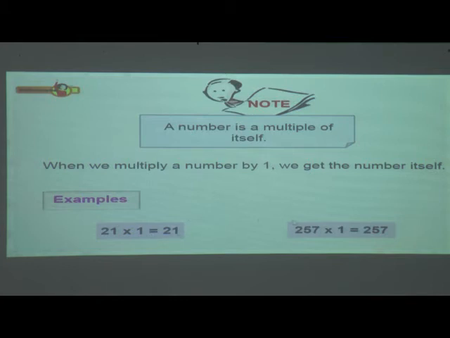When we multiply 257 by 1, we get the number itself. So when we multiply any number by 1, we get the number itself. So this is the first property of multiples: a number is a multiple of itself.